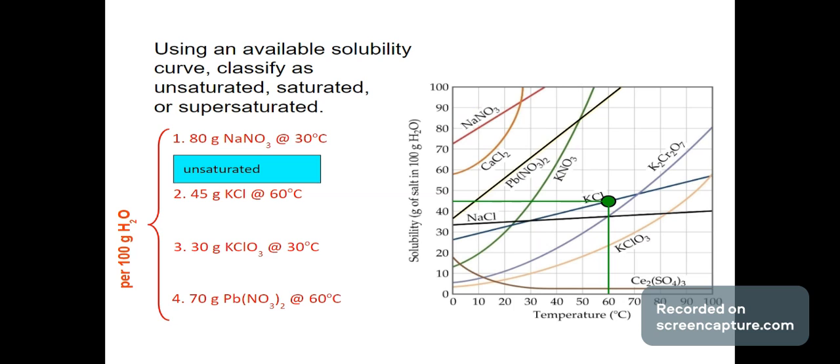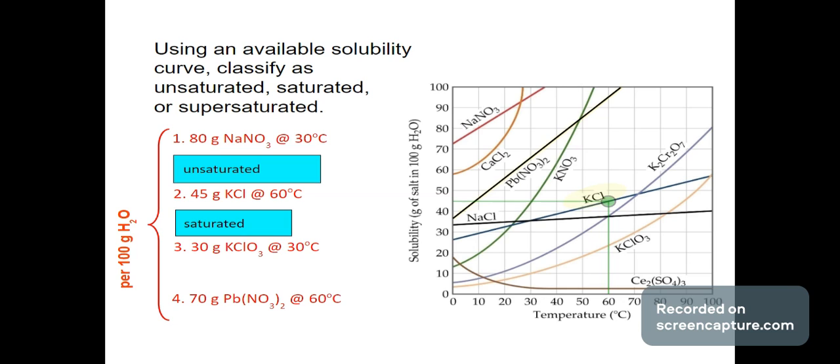And let's see where KCl is. It's right there. So it's right at the line, so it's saturated. And be advised, this is not an exact science per se, reading graphs. The numbers may vary a little bit, plus or minus a number, because you're reading it best on how well you can interpret it. The more definitive the graph is, the more you can pinpoint where it's at.